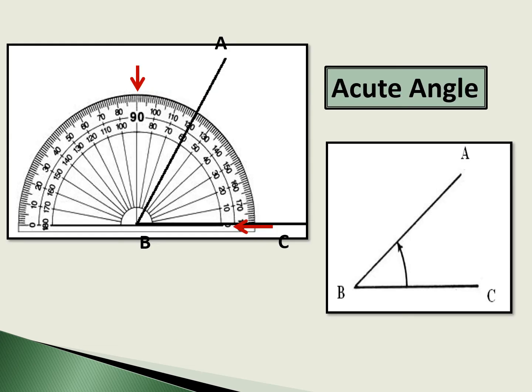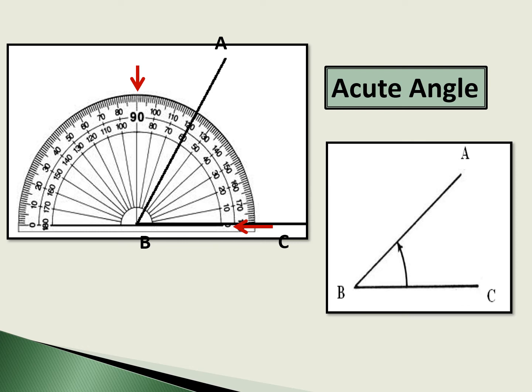Acute angle. The baseline arm BC of the angle ABC points to the 0 degree of the inner scale, and the second arm of the angle, that is BA, crosses the inner scale at 60 degrees.